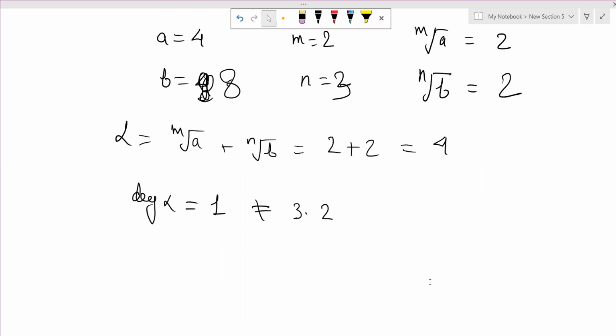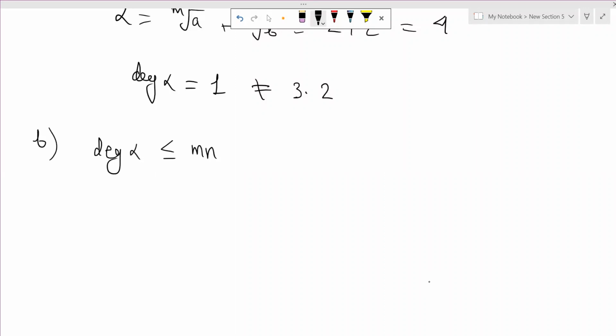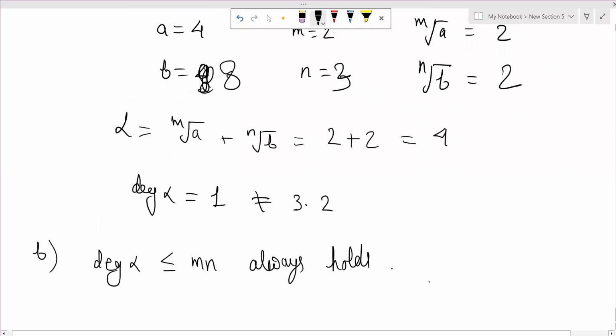Degree of alpha is less than mn always holds. Sir, this degree of alpha equal to 1, how did we get? Okay, what is alpha?